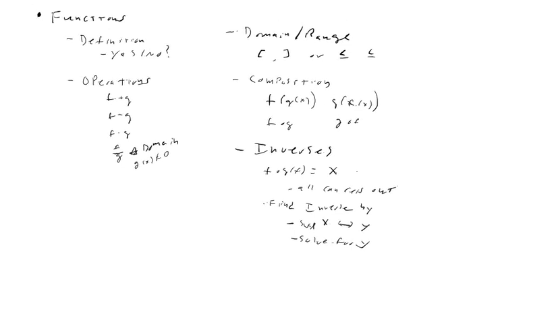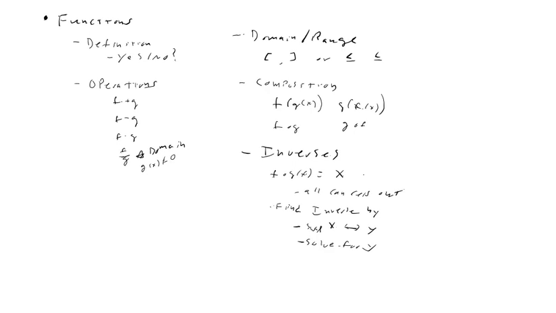Last thing you're going to need to know with the operations and with domain and with composition, I want you to remember how to plug into functions. If you see something like f plus g of 2, this means you plug in 2 to the g and to the f, right?